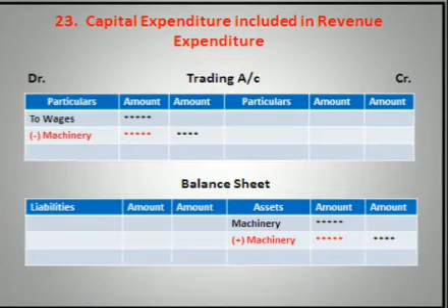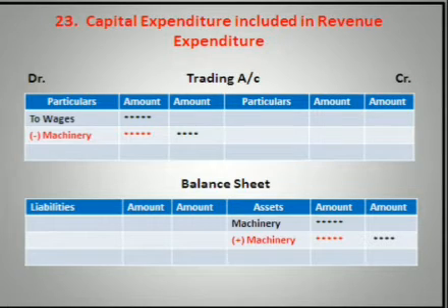Now the very important entry, capital expenditure included in revenue expenditure. Students, first of all we should know what is capital expenditure and what is revenue expenditure. Listen carefully.